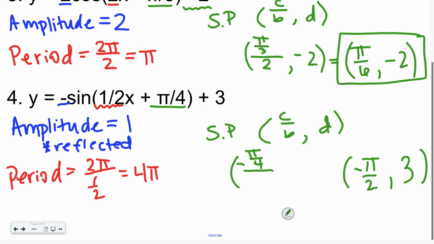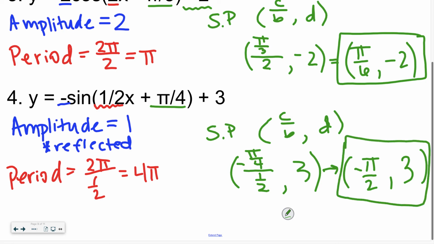We have to divide that by our b value of 1/2, and then our d value is 3. So -pi/2, comma 3 is what that reduces down to. Remember, when you're dividing fractions, you take the numerator and you multiply by the reciprocal of the denominator. If you actually need to write that work out, that's fine. Some of us can do it in our head, and that's great too. Whatever works for you.